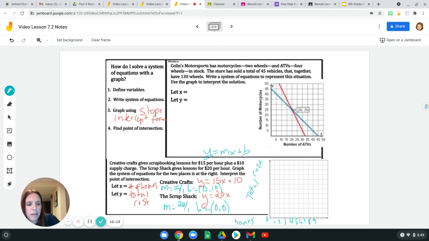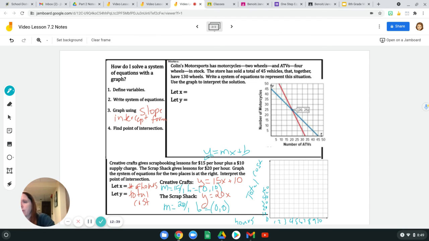I'll go up to 10. Now total cost, it doesn't make sense to count by ones because one place is charging $15 an hour, another is charging 20. So maybe let's go by tens. 10, 20, 30, 40, 50, 60, something like that.